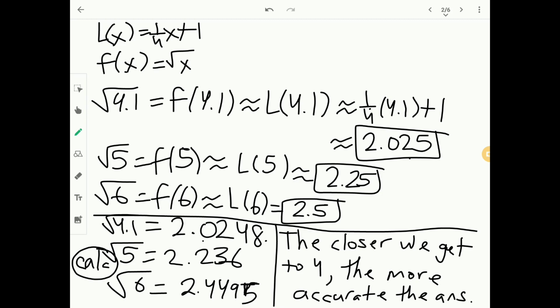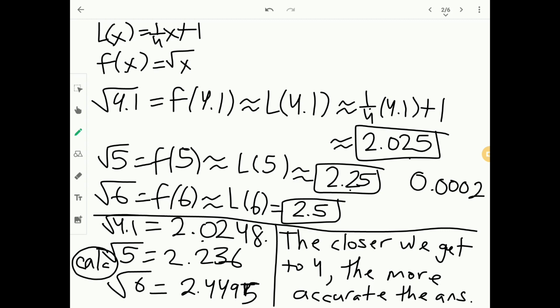Let's see. What is the difference from 2.0248 and 2.025? Let's just quickly be correct. 2.025 minus 2.0248 is 0.0002.